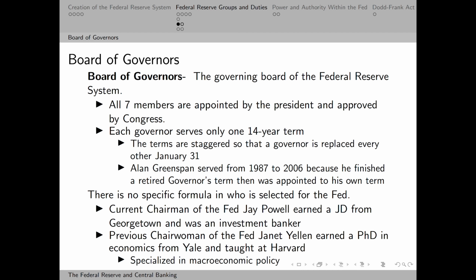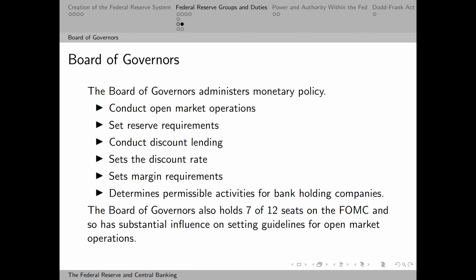And then before Jay Powell was Janet Yellen, and she was pretty much the exact opposite. She's widely considered to be one of the best macro theorists in the world. She had a PhD in economics from Yale and then taught at Harvard, specializing in macroeconomic policy before going to government. And then, as you may know now, she is actually the Secretary of the Treasury.